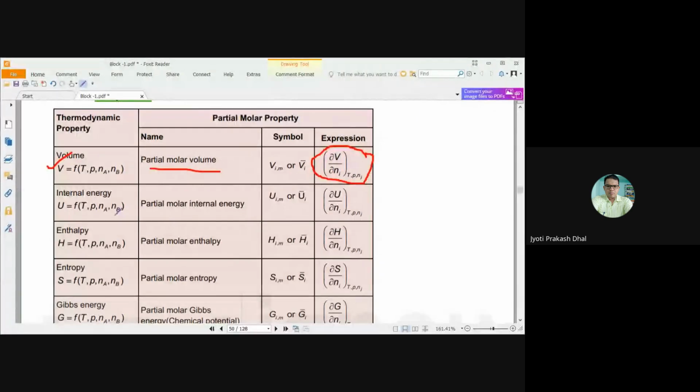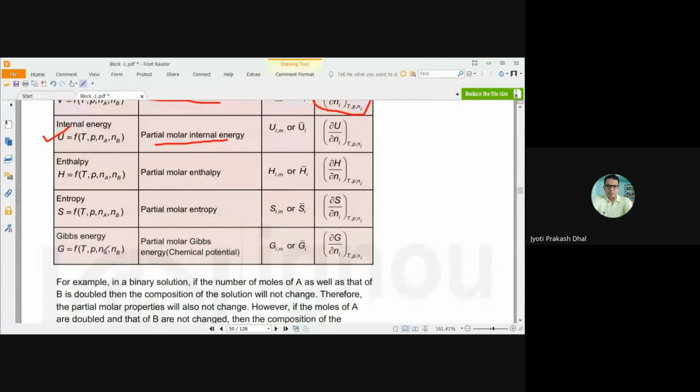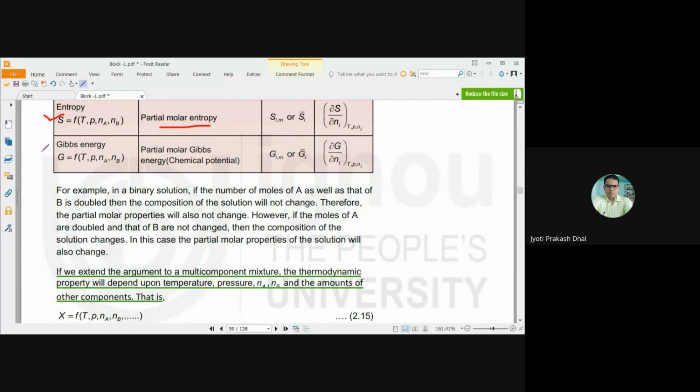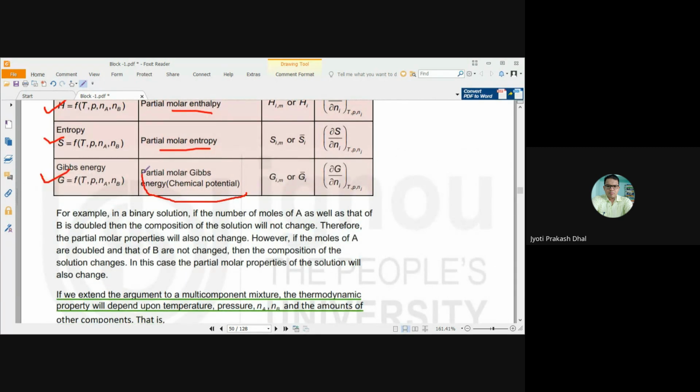If you put internal energy in place of X, that is called partial molar internal energy. If we put enthalpy in place of H, that is called partial molar enthalpy. If we put entropy in place of S, that is called partial molar entropy. If we put Gibbs energy in place of X, that is called partial molar Gibbs energy, and the other name of partial molar Gibbs energy is chemical potential.